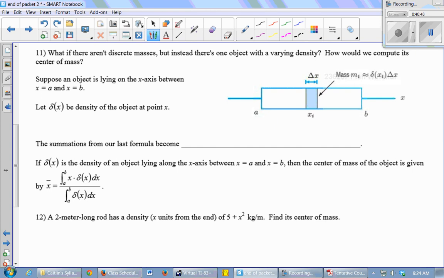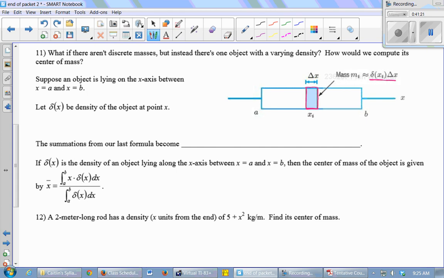Okay, so the mass of a typical slice, right? If you pick a random slice x sub i, its location is x sub i, and its mass would be its density times its length. When you're dealing in just 2 dimensions, mass is density times length. So here's its mass, and here's its location x sub i.